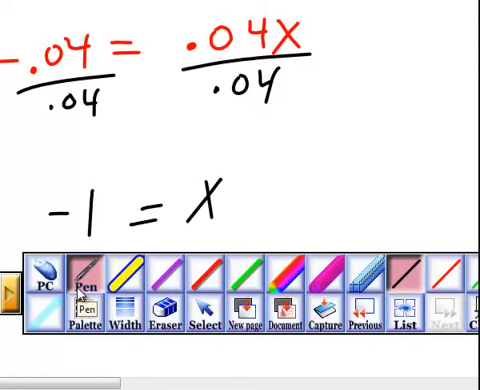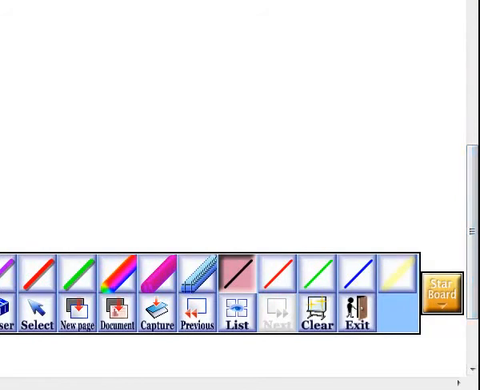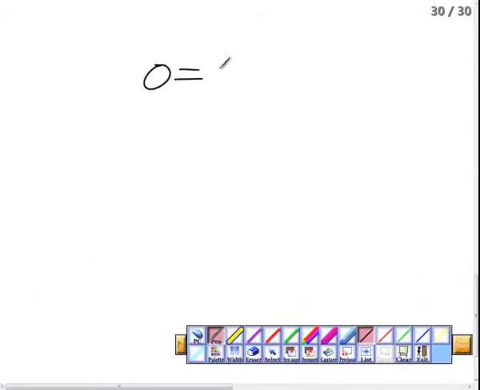Good. Now, if this is one of those questions where it says, is this not solvable? Is it real numbers? What do you put? Did you guys get those where you couldn't? You mean if all the x's canceled out? Yeah. Well, we're kind of getting ahead, but if all x's canceled, and let's say you had 0 equals 0.4, then 0 doesn't equal 0.4, right?